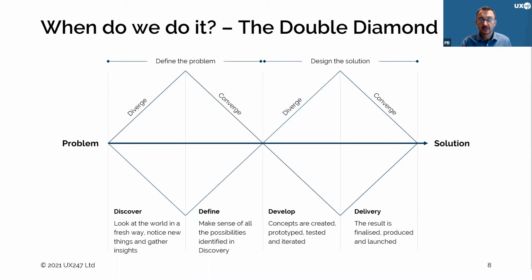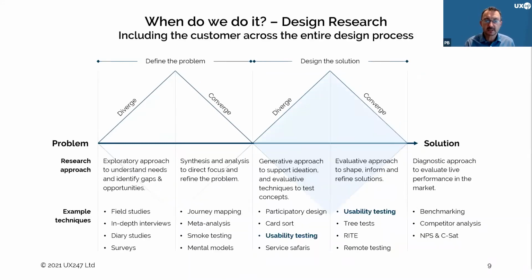So when can user research, usability testing have a role? Well, for us, all we do, by the way, is UX research or design research. So we work from the very beginning of the problem, all the way through the solution. But for the vast majority of people, the bit they engage with in usability testing is in this second diamond. And that's because we're starting to develop prototypes here, we're developing visual design, and usability testing has a huge amount of value here.